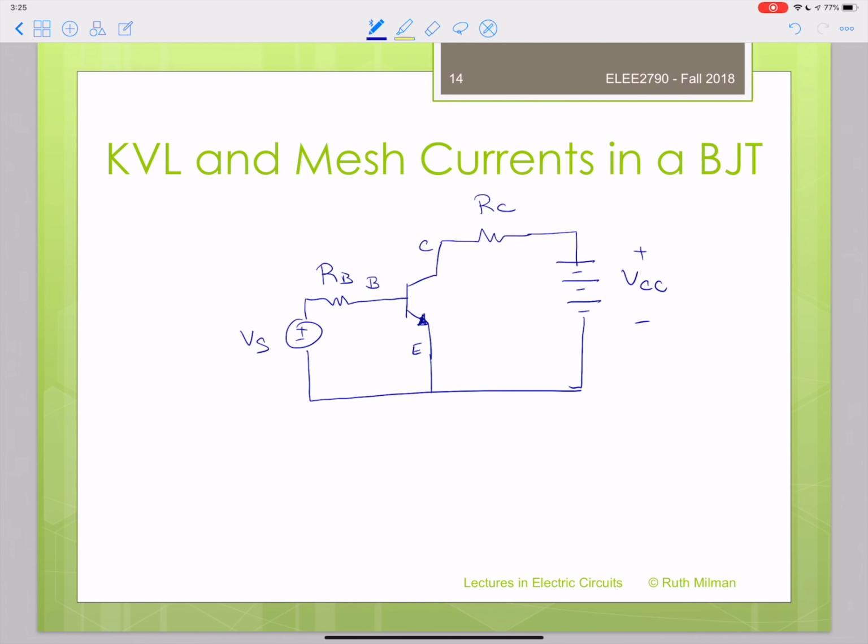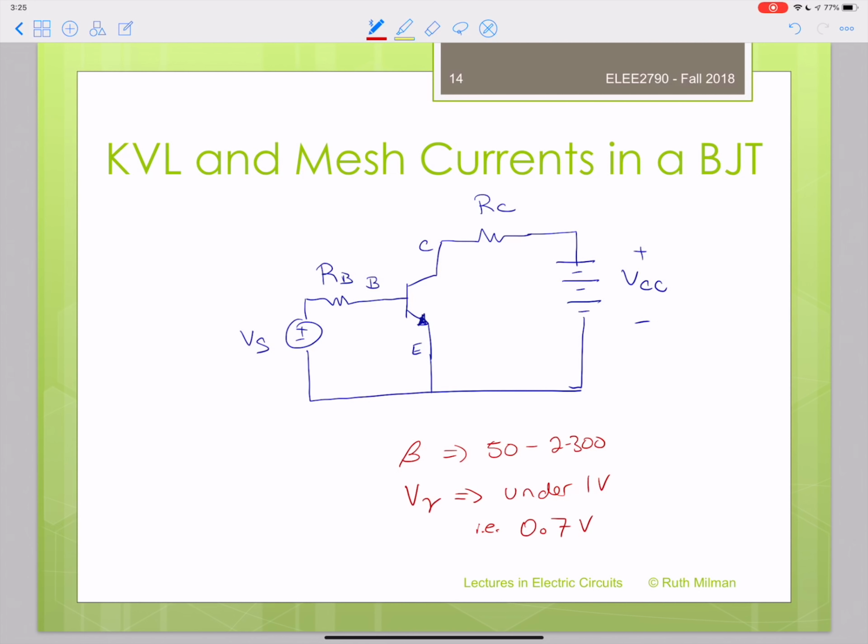Typically, there are some standard ranges for the numbers. Beta, when you're in active mode, is typically between 50 to 300 or so, and 100 is a very average value. V alpha is typically under 1 volt. We'll often see numbers like 0.7, for example.